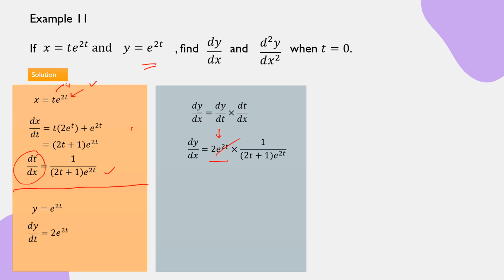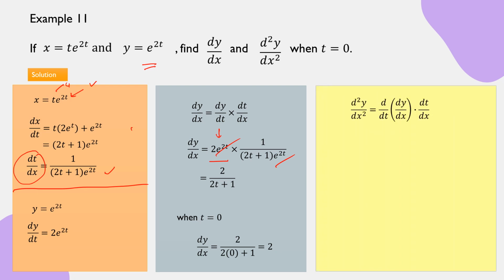So we can cancel e^(2t), and we get 2 over (2t + 1). This is dy/dx. When t equals 0, you substitute t equals 0, we get dy/dx equal to 2.